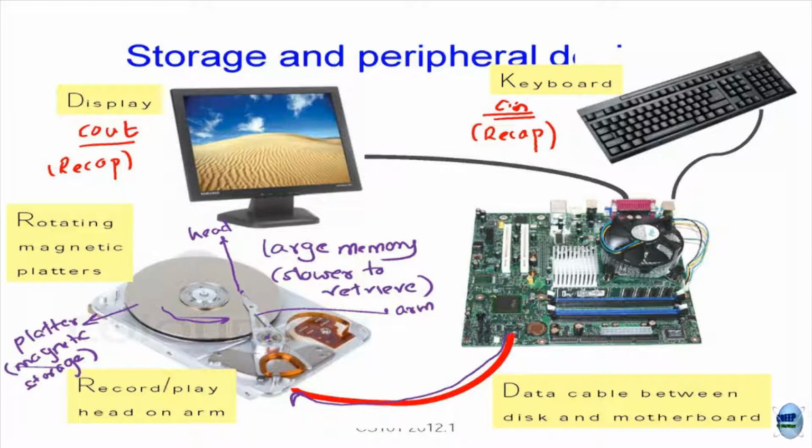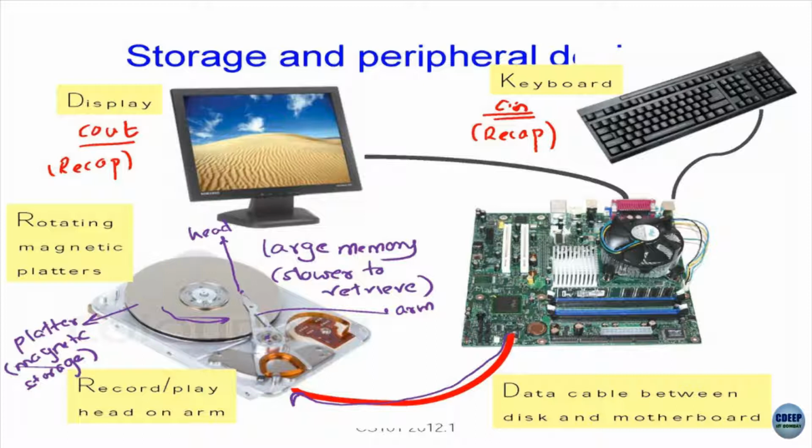If you want to access some bytes or a sequence of bits, you need to rotate the disk. This is a rotary motion associated with the platter, and there is another motion, a kind of arc motion, that you subject the arm to.